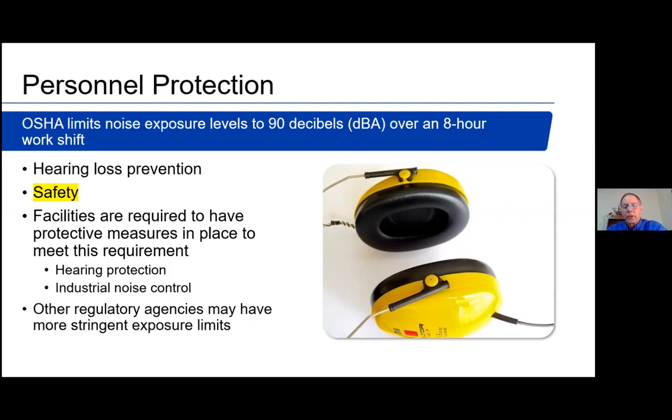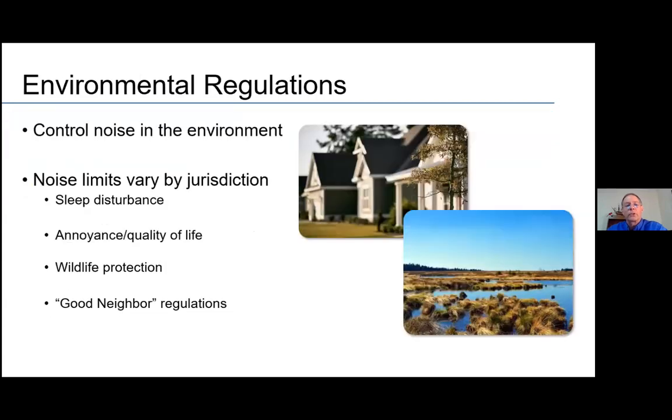And then other regulatory agencies may have more stringent requirements than some of what we've looked at today. There are also environmental regulations that can come into play depending on where your facility is located, looking at controlling noise in the environment. If you happen to have an industrial facility in close proximity to a residential or commercial business area, there might be restrictions limiting the noise emissions of the facility so that it doesn't disrupt any of the adjacent neighborhoods or businesses.